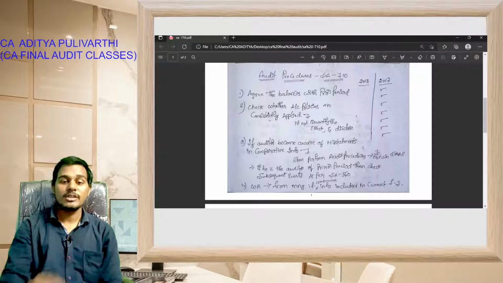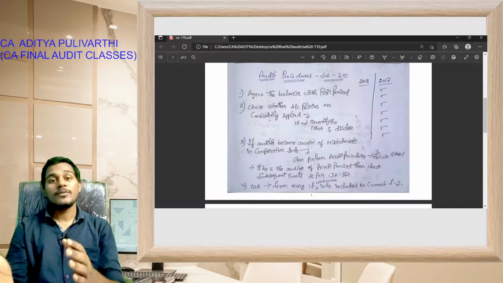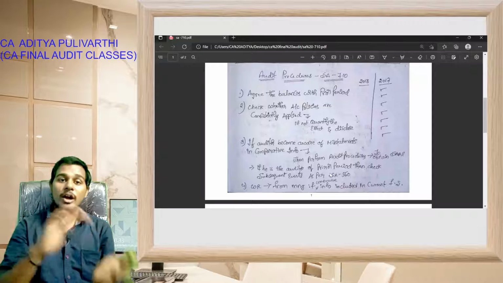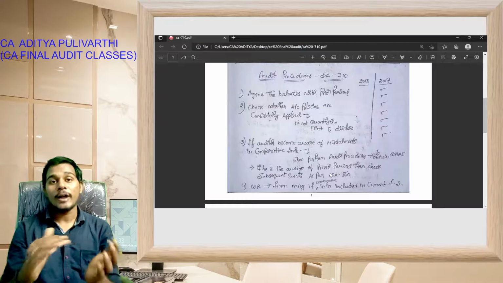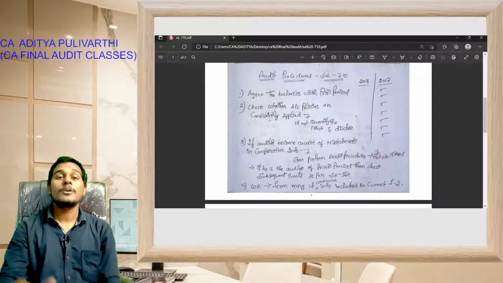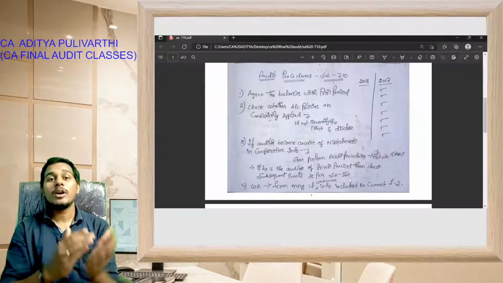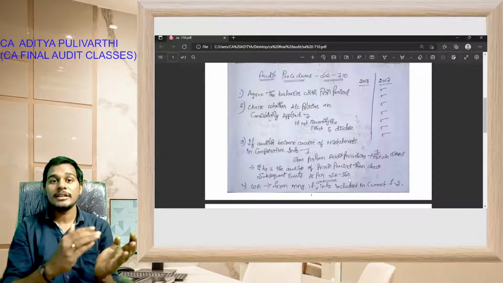Okay students, next, if the auditor of the current period is also the auditor of the previous period, then the auditor will check the subsequent events as per SA-560. In the previous year he would have issued a modified opinion because the previous year financial statements had material misstatement.